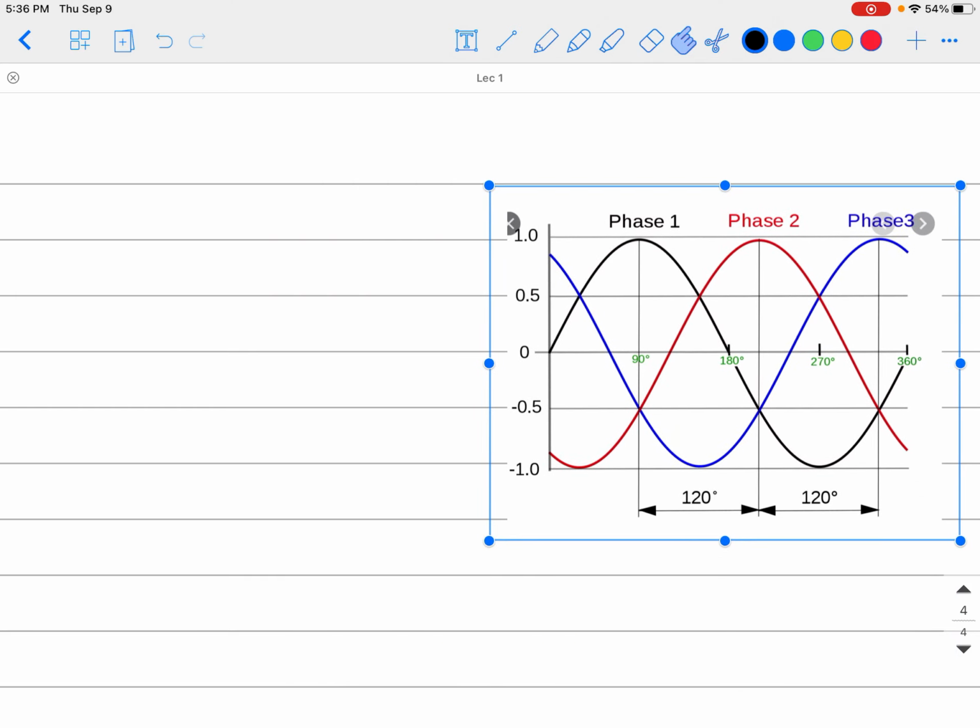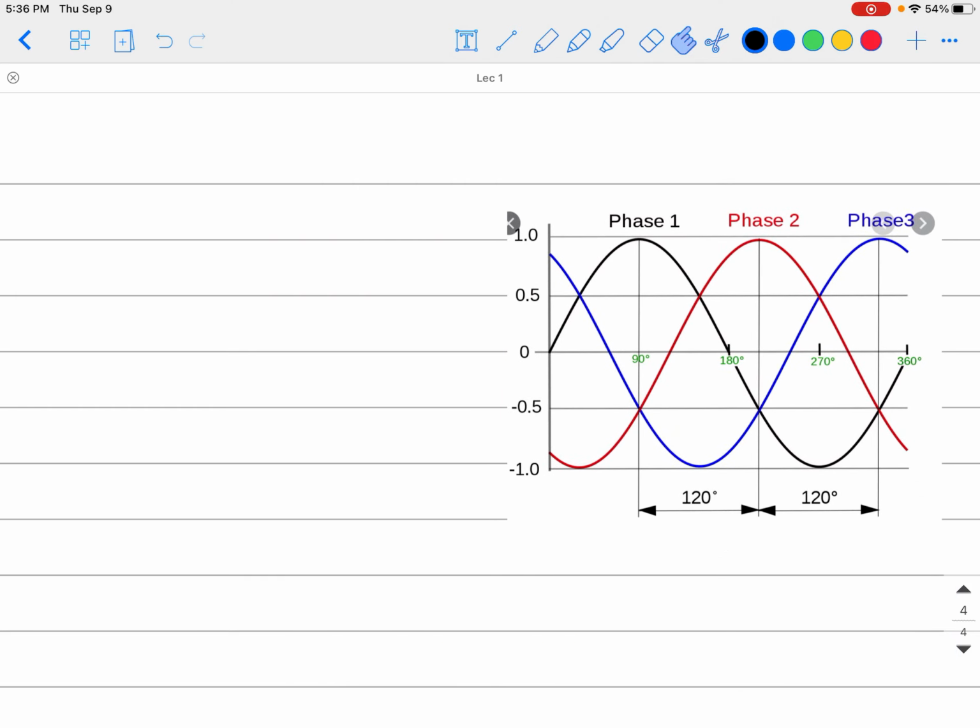Okay guys, so like you see here, you have 3 signals. This black one we call phase 1, the red is phase 2, and this blue is phase 3. Those all have the same magnitude, like you see. That magnitude is constant all the time between the 3 signals.